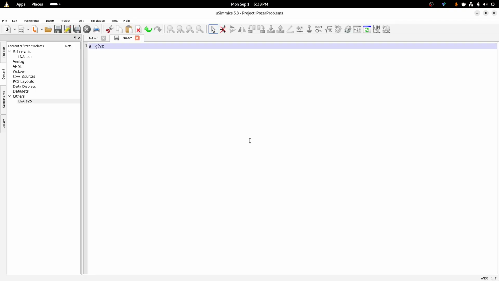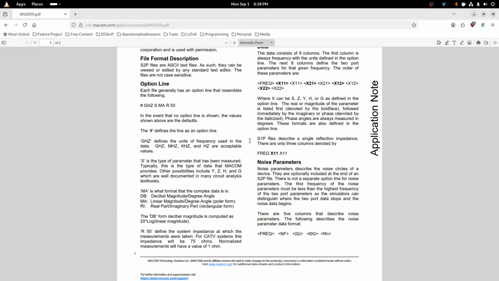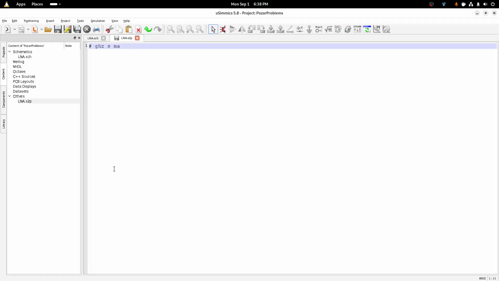And then the next one is the type of parameters you want to do. Typically, you only really want S, but in case you want to, you have the possibilities for Y, Z, H, and G parameters. And then the next one, MA, is what you want the representation to be. Because the book gave it in magnitude and angle, we're going to use MA, which is magnitude and angle.